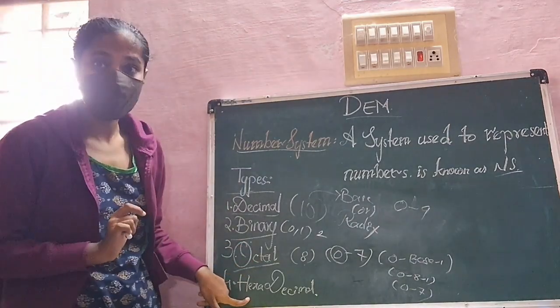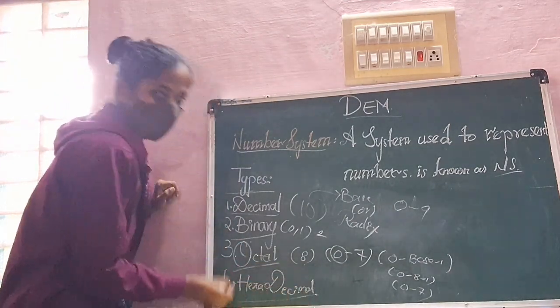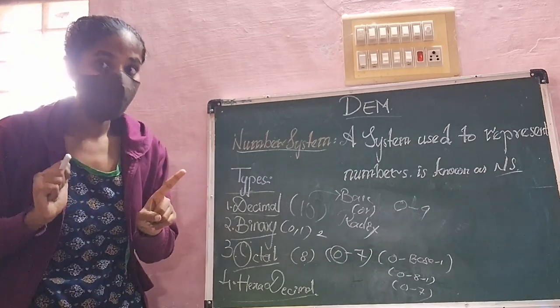What is meant by hexadecimal? Hexadecimal means the base is 16.